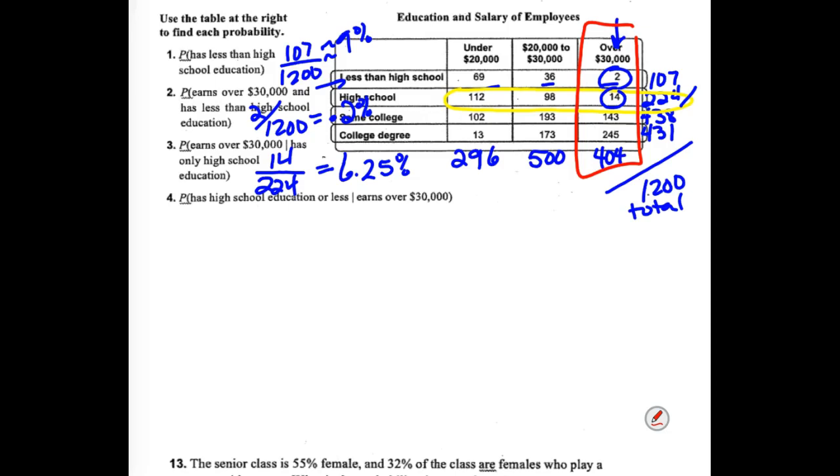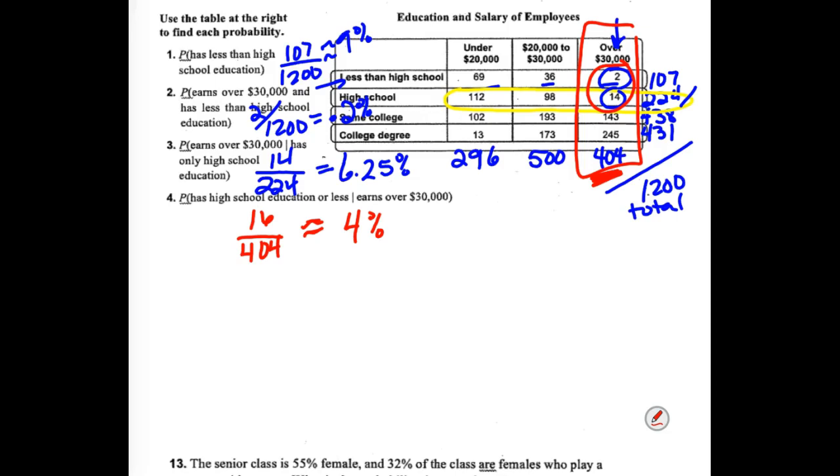And the question says, what is the probability they have a high school education or less? That means we could use either of these. So we have a total of 16 out of 404. Which gives you about 4%. Okay? Remember how to use the tables?